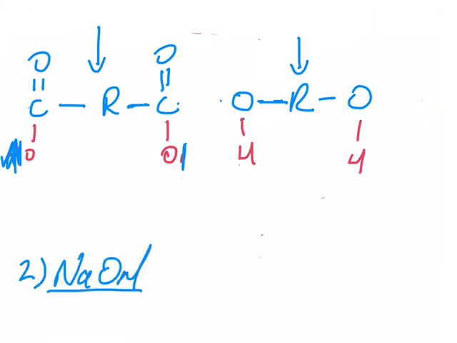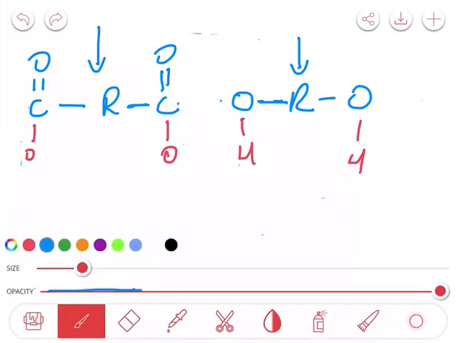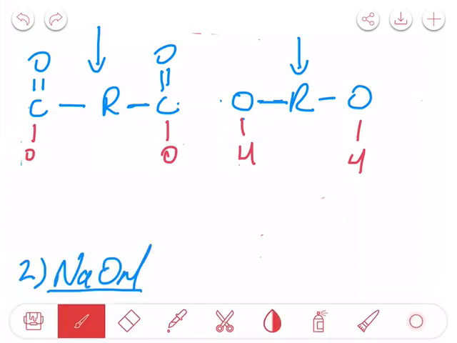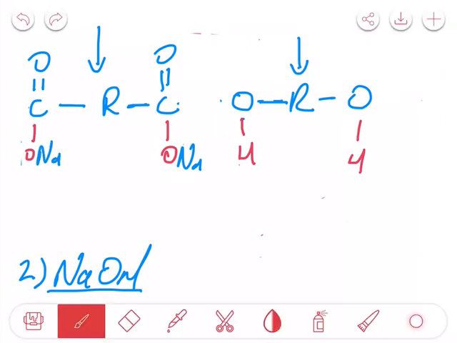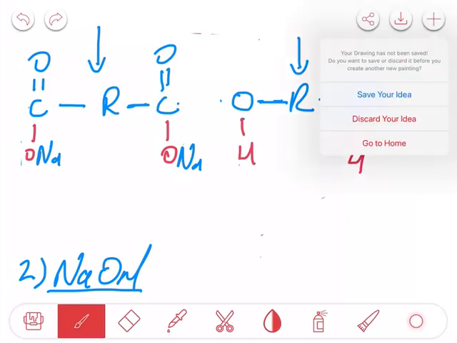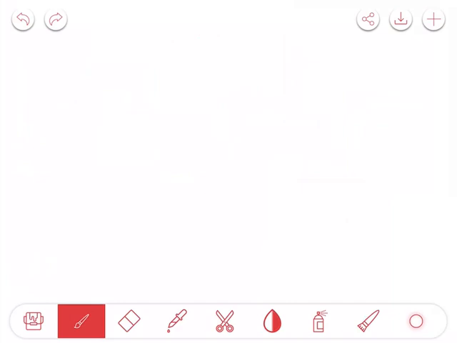So these here are going to be replaced with the sodium salt. So I get an Na there, and I'm going to get an Na here as well. And hopefully you remember that. And of course, I've done a dicarboxylic acid and a diol here.